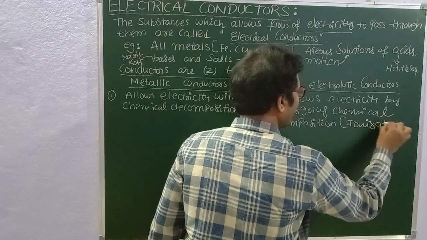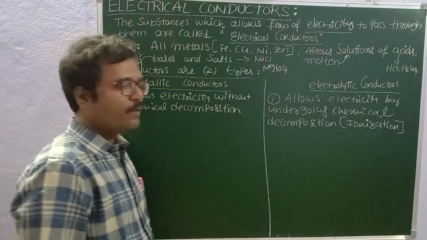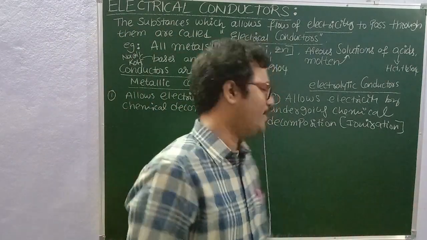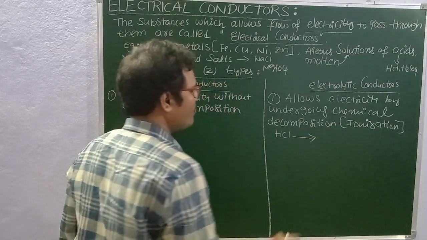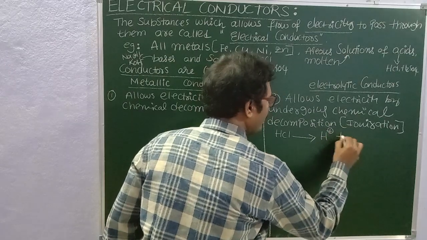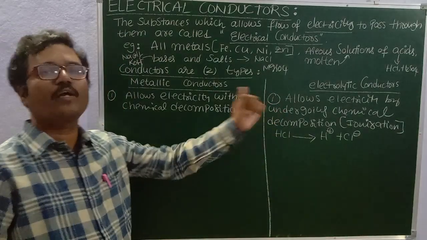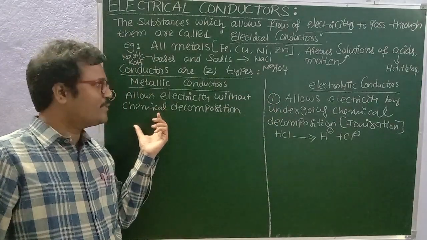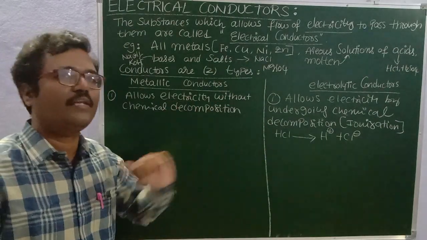That means the electrolytic conductors will decompose into two oppositely charged ionic species, one is cation, another is anion. For example, HCl on passing electricity will break into positively charged cation, hydrogen ion, and negatively charged anion, chloride ion. Right? So that is the meaning of chemical decomposition. Whereas in the case of metallic conductors, they will not decompose. They will remain stable during the passage of electricity.